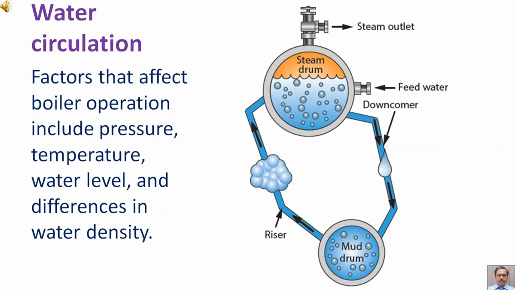Factors that affect boiler operation include pressure, temperature, water level, and difference in water density.